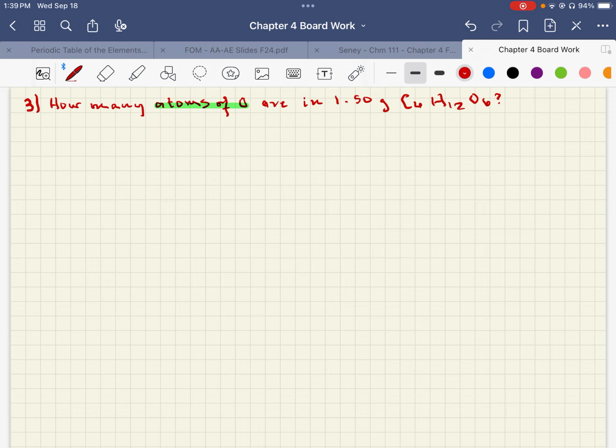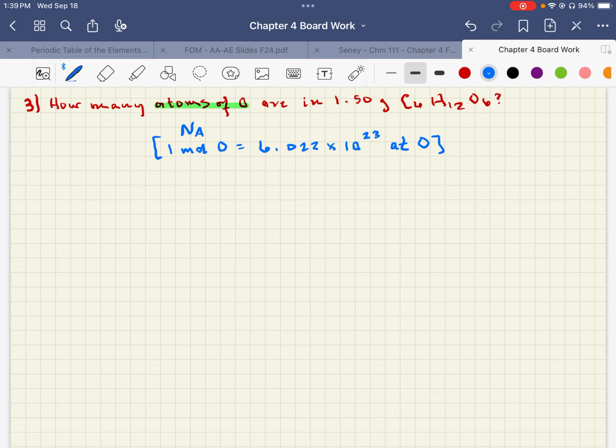Anytime you see atoms or molecules, that should remind you of Avogadro's conversion. And Avogadro's conversion is for every 1 mole of the substance, in this case 1 mole of oxygen, there is equal to 6.022 times 10 to the 23rd atoms. Noting that you want to end in atoms of oxygen, you'll have to use this conversion.